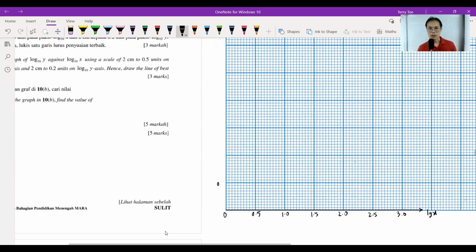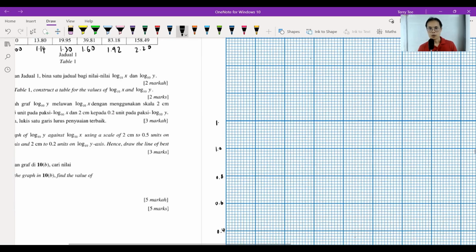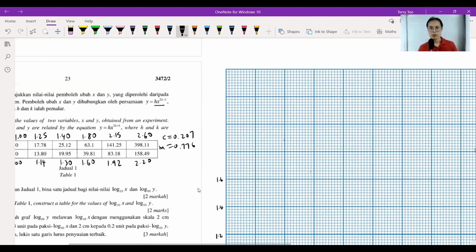They say use a scale of 0.2, 0.4, 0.6, 0.8, 1.0, 1.2, 1.4, 1.6. The largest is 2.2, so 1.8, 2.0, 2.2.